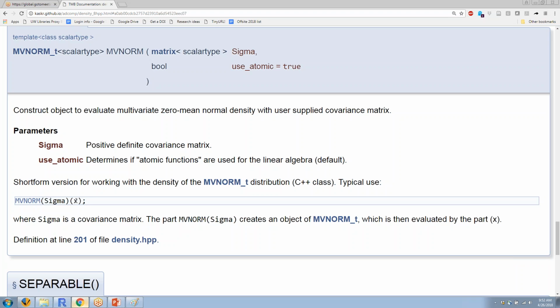If you save it as an object, you can use it on multiple random effects without constructing it over and over again. That's why it has a different format than we're used to seeing in R, where we'd think MVNORM should be a function with two inputs, sigma and x. Whereas actually MVNORM is a function that returns a function that you then have to evaluate again on x.